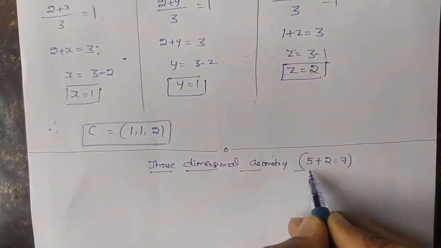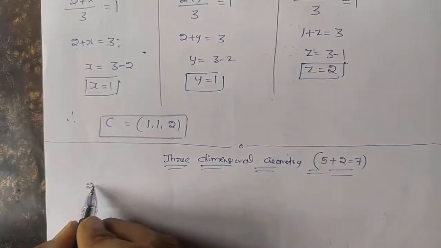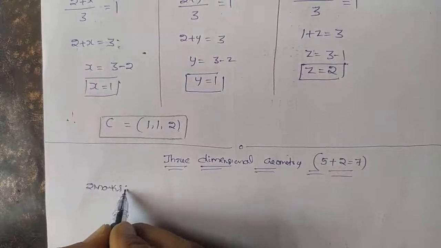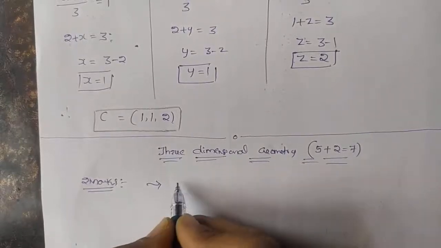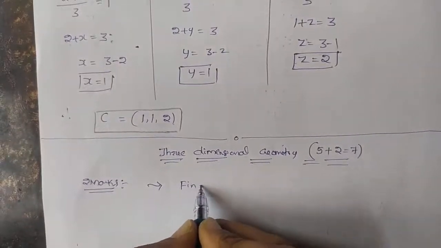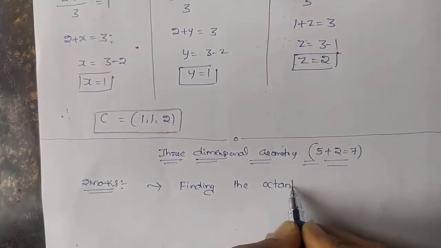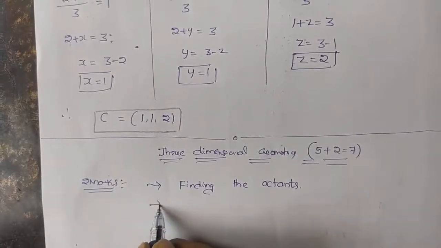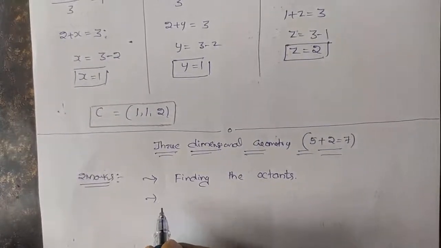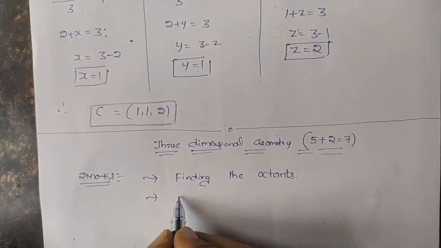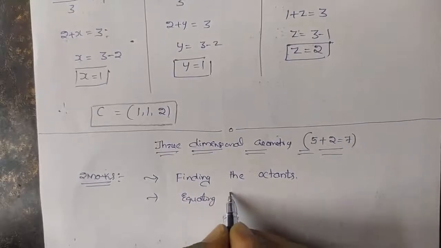Possibilities I tell you now. See, 2 marks question possibilities. You just give the first preference for finding the octant. Finding the octants. First preference will be octants. Second preference will be distance, equating the distance.